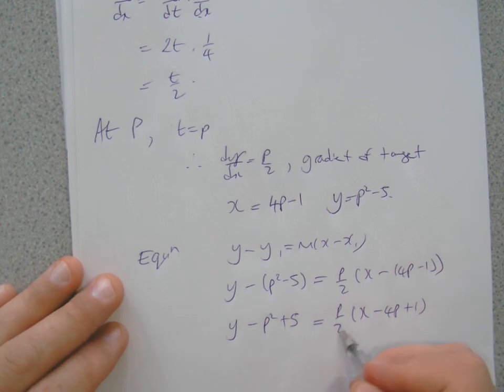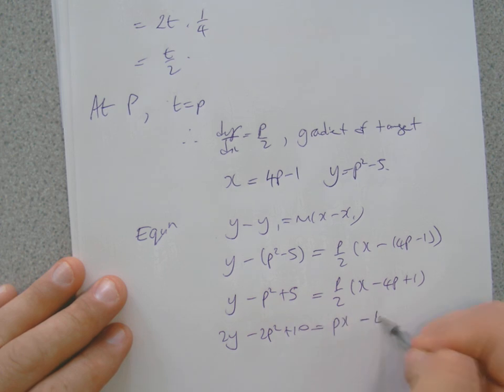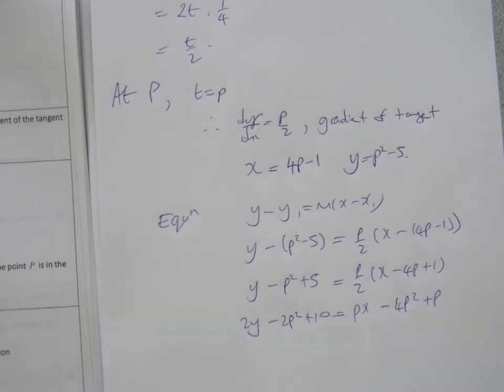Now what I would do is take that 2 up here, and then we need to get what they've got in this question, so get it in that form.